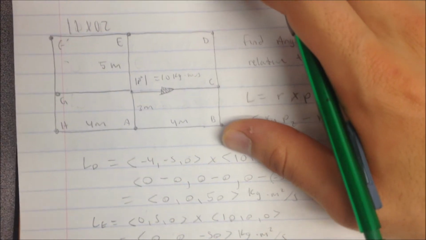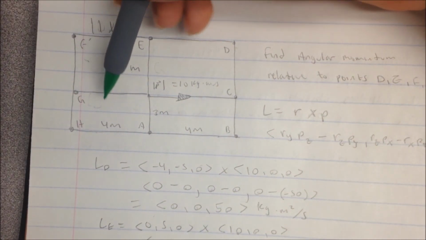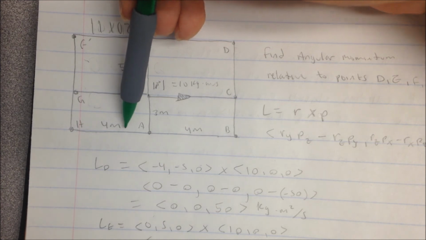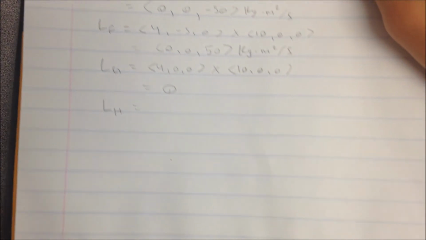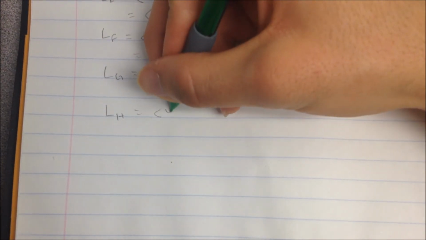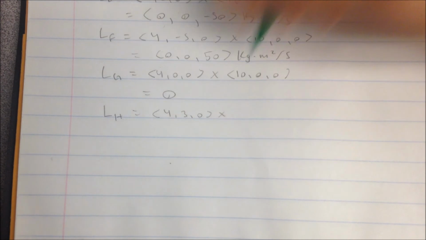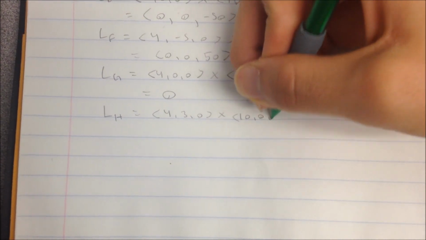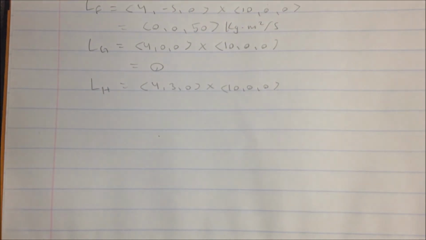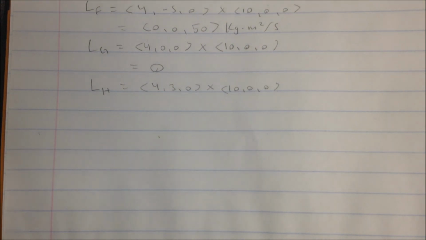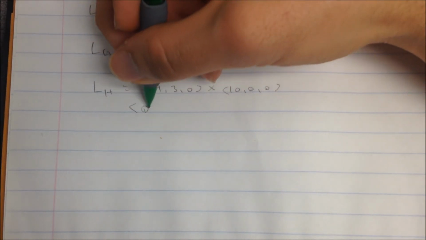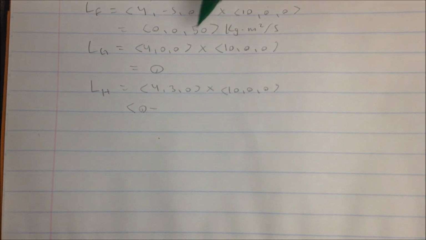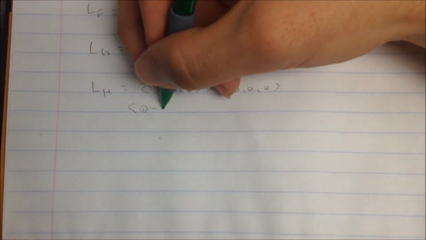Now we go to point H. In point H, the distance is 4 in the positive x-axis and 3 in the positive y-axis. So 4, 3, 0, cross product 10, 0, 0. Now using the formula for the cross product, the x component would be Ry times Pz, which is 0, minus Rz, which is 0, times Py, which is 0.